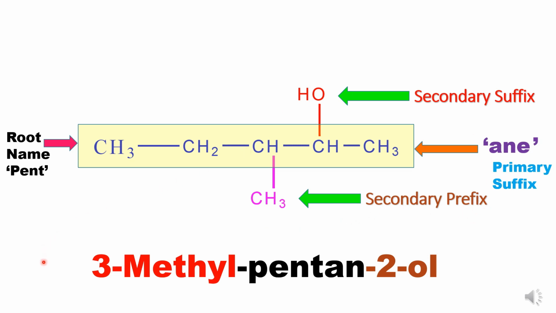According to the IUPAC rule, we write the secondary prefix before the root name. So here 3-methyl is written before the root name pent. The 3 indicates the position at which the methyl group is present, and it is written in red color. So here it is 3-methylpentane, and 2-ol means the alcoholic group is present at the second carbon. In this way, all three components are mentioned in this nomenclature.